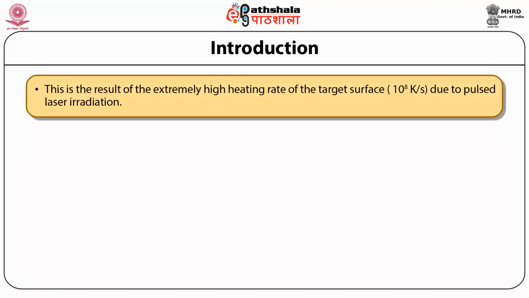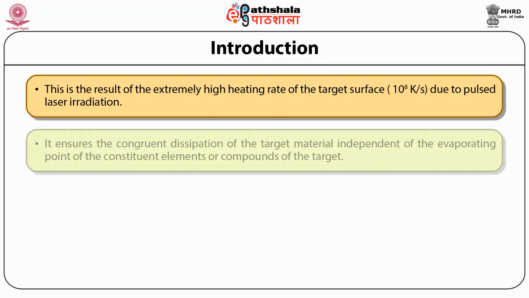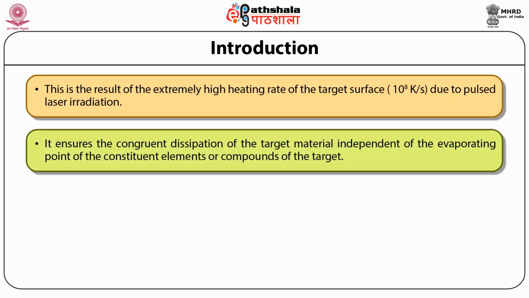This is the result of the extremely high heating rate of the target surface, of the order of 10^8 Kelvin per second, due to the pulse laser irradiation. It ensures congruent evaporation of the target material, independent of the evaporation point of the constituent elements or compounds of the target.